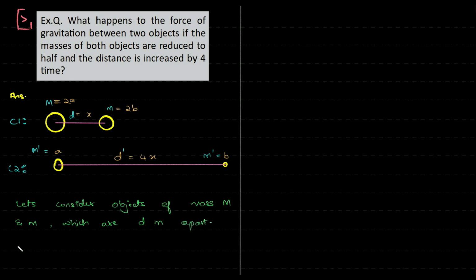Now we'll let capital M be equal to 2a, then small m be equal to 2b, and we have d which is equal to x.